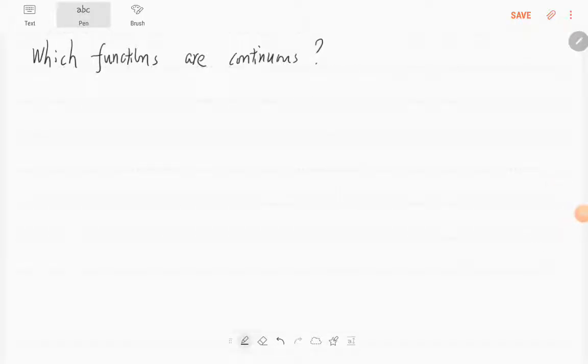So the next question is, which functions are continuous functions? Actually, the functions you have learned in pre-calculus are all continuous functions. And if you have two functions, how do you construct other continuous functions?